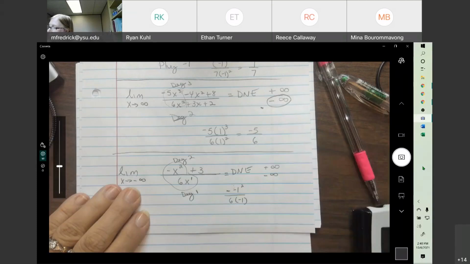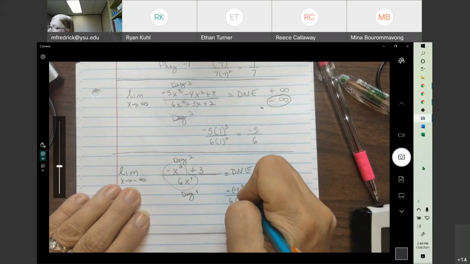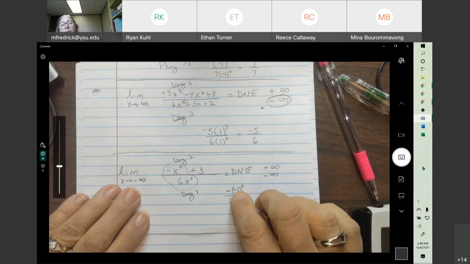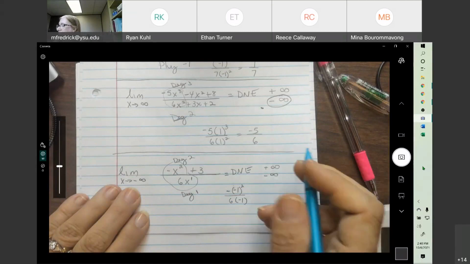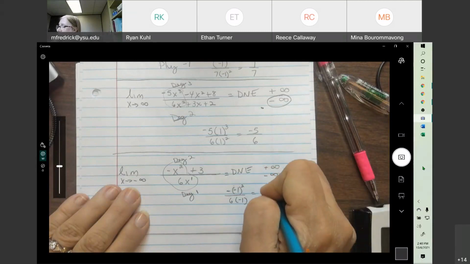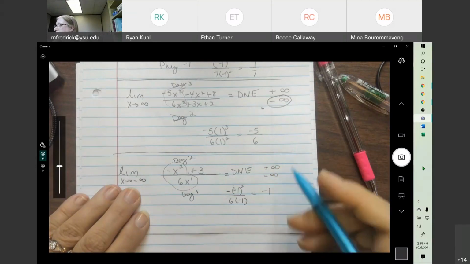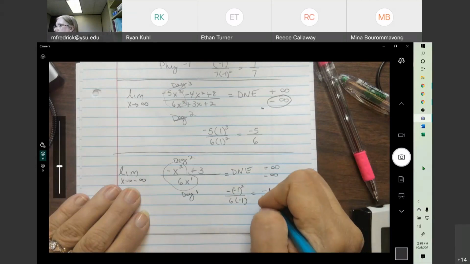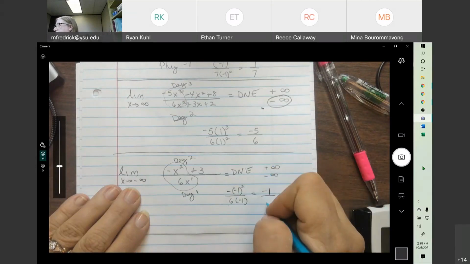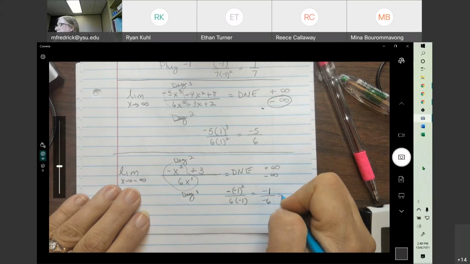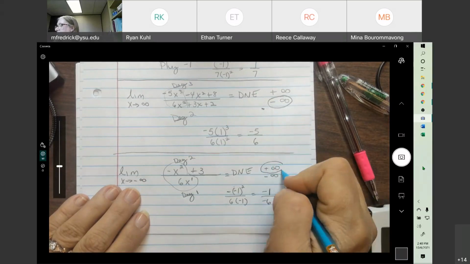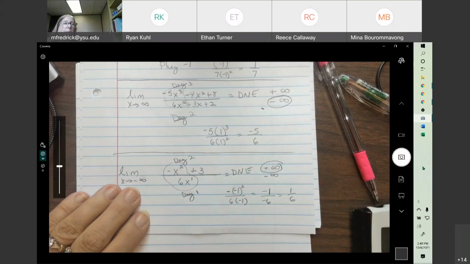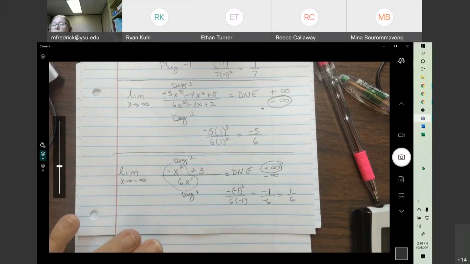The -1 needs to be squared first. So -1 squared is 1 times this negative makes it a -1. On the bottom, 6 times -1 is -6. So this is a positive answer, which means we're going to positive infinity. Is there any questions on that?